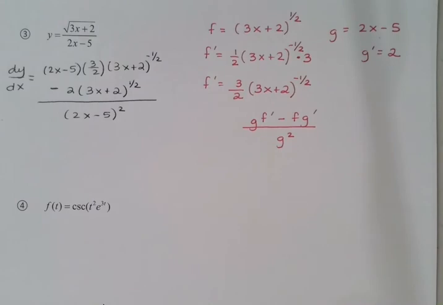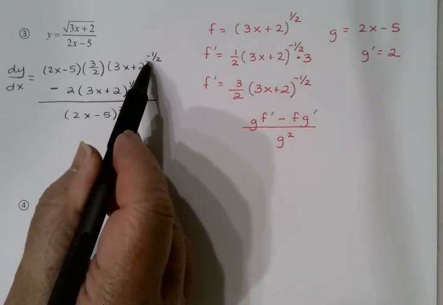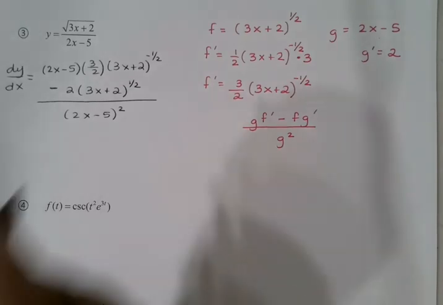All right, depending on how much you want to do with this, there's more and less we can do to simplify this. Let's take a look at how simple this can get if we do a little bit of algebra with it. This negative 1/2 is really a square root in the denominator, right?